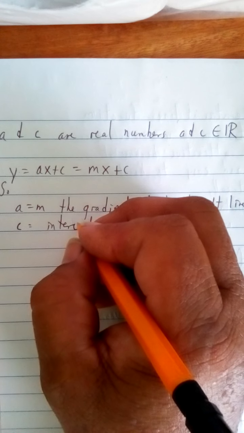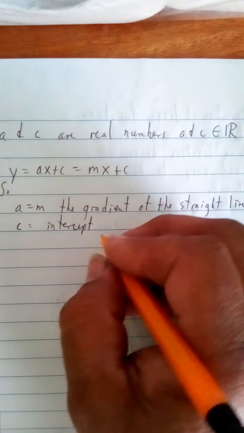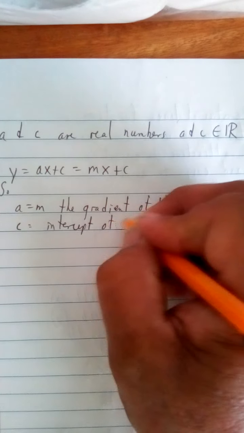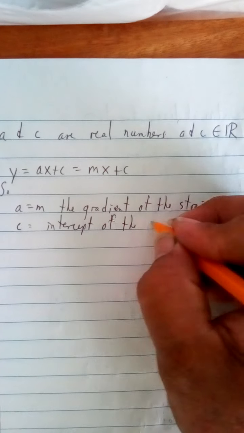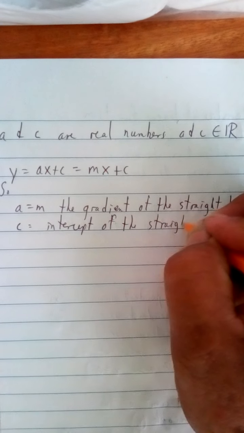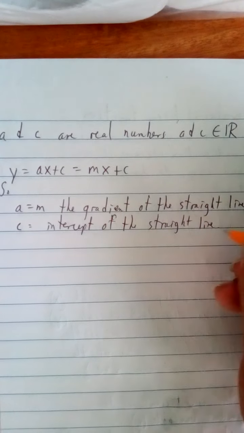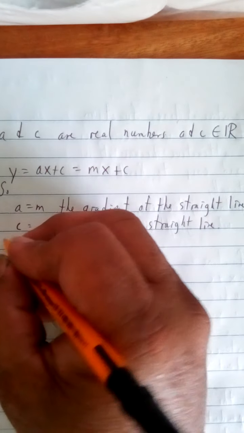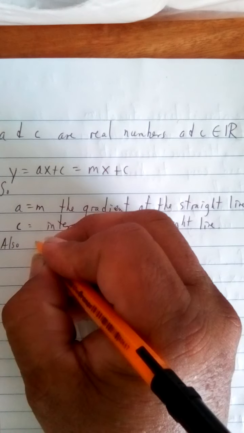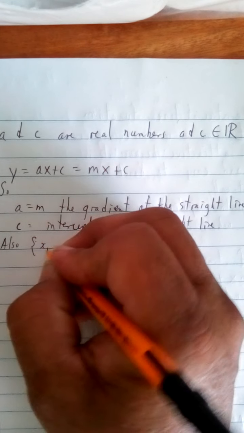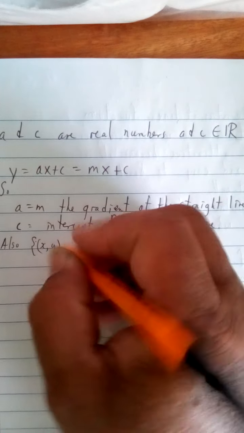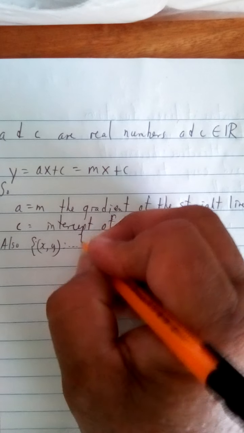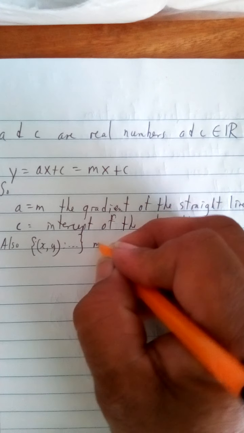Okay, the intercept of the straight line. Also, let me write this because sometimes you might be given this in this form and you need to be able to read it.